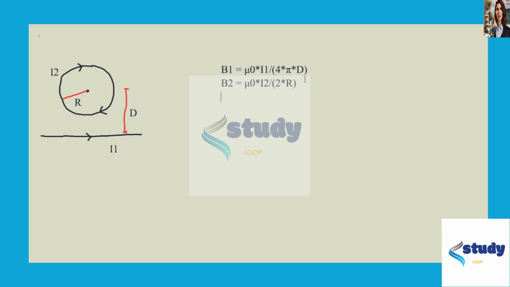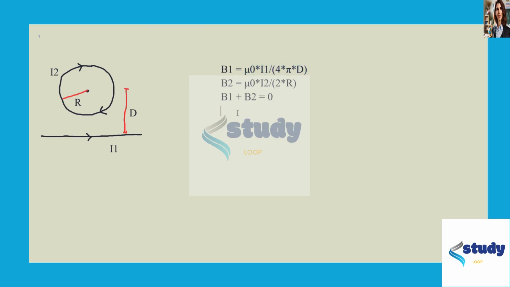So we know that at this point we want the net magnetic field to be 0. I'm sorry, B1 has to be equal to negative B2, because we know B1 plus B2 has to equal 0. So we want to just set B1 equal to minus B2.